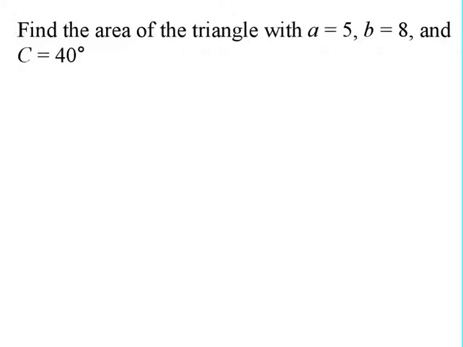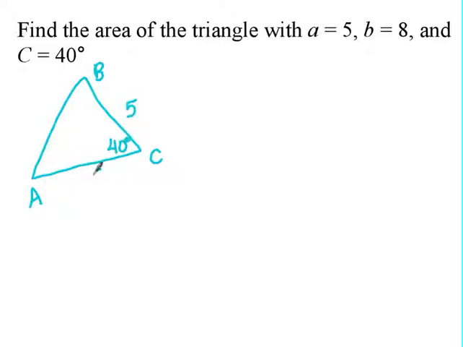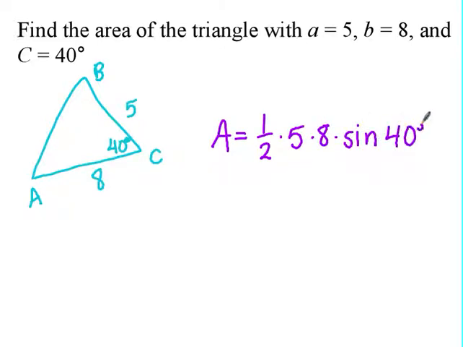So let's go ahead and look at a problem. Find the area of a triangle with A equals 5, B equals 8, and C equals 40. Here'd be A, B, C, here'd be 40 degrees. A is 5, B is 8. So the area is 1/2 times 5 times 8 times the sine of 40 degrees.